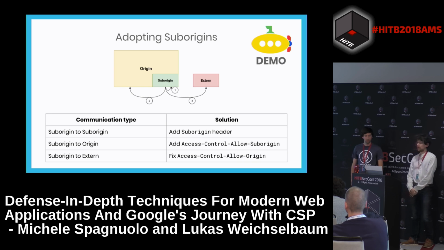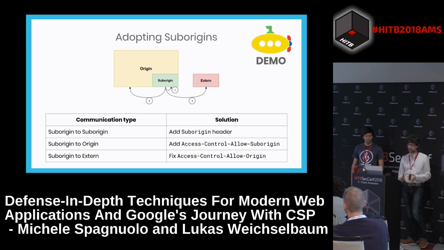Adopting suborigins might require some refactoring of existing web applications. This is because there come to be more communication types: suborigin to suborigin, suborigin to the, let's say, parent origin, and suborigin to an external origin.